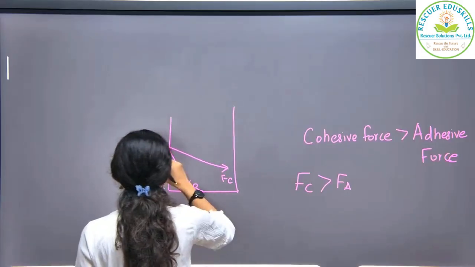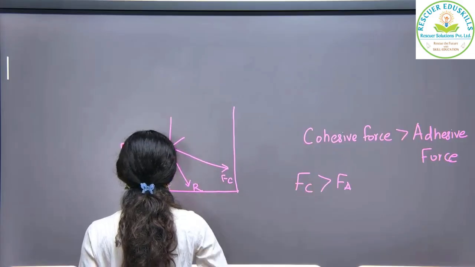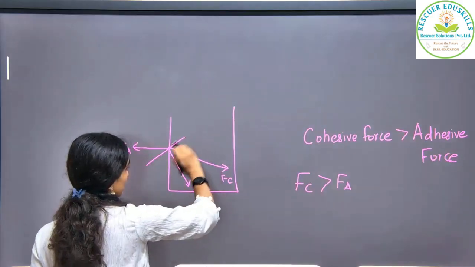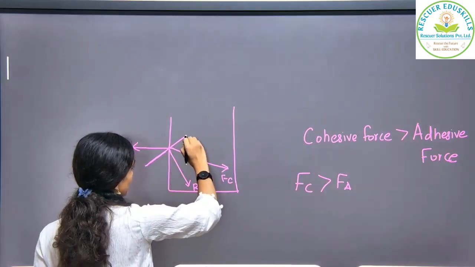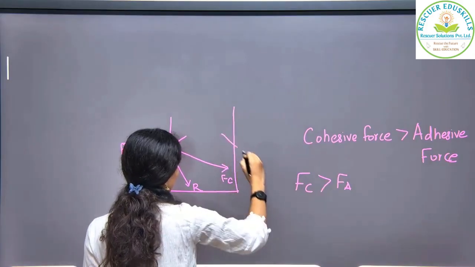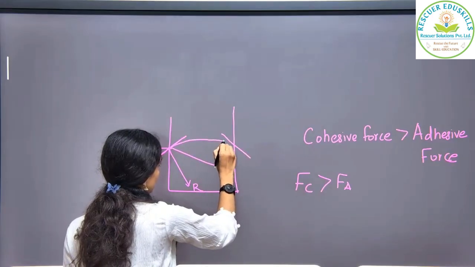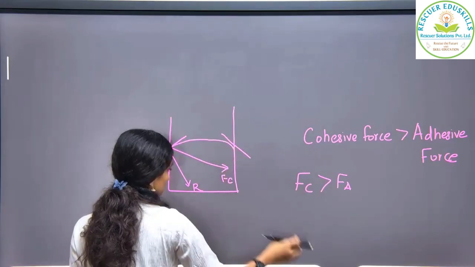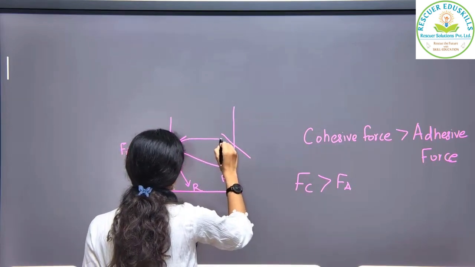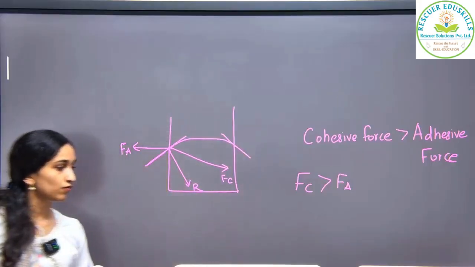Now we have to draw the tangent, which is at 90 degrees, so it will be like this. As you can see, this tangent is 90 degrees, and from here also the tangent will be like this. This is how the convex meniscus will be.